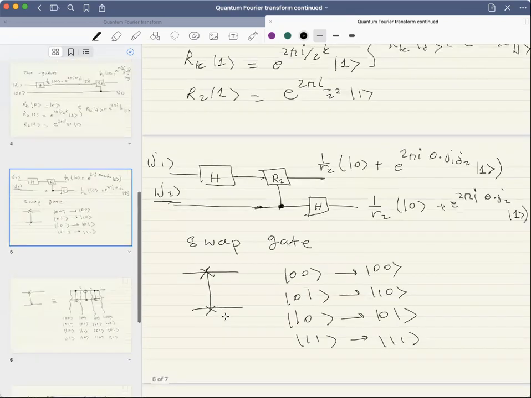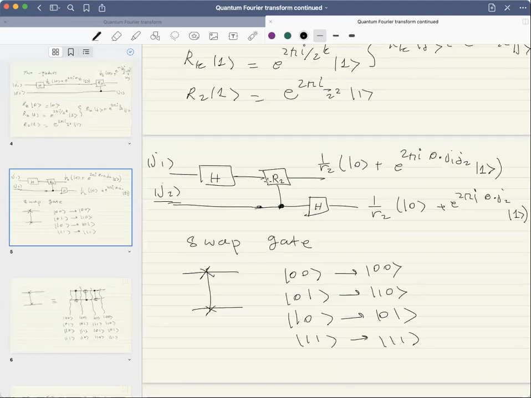Okay, so this approach that we talked about, we can continue this, right? So suppose I have J1, J2, J3. Now, what I can do if here I want to get 0 plus e to the 2 pi I point J1, J2, J3, I can put another controlled here, controlled by J3, and hit it on J1.